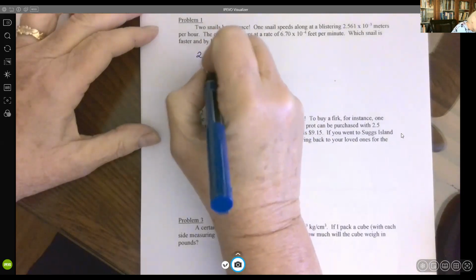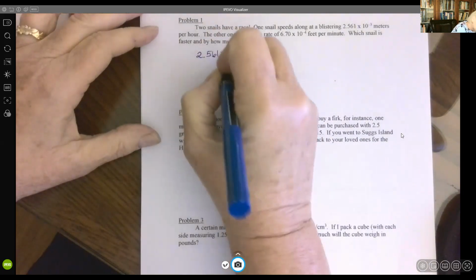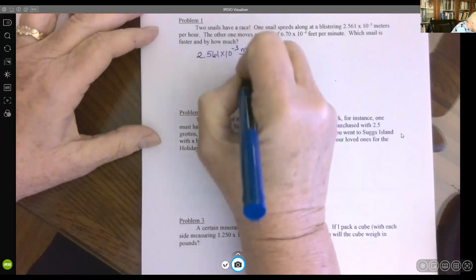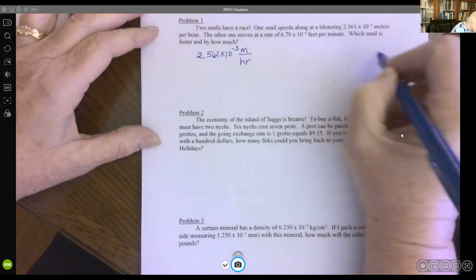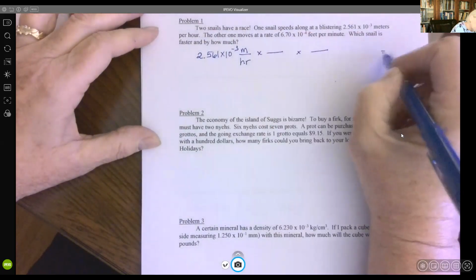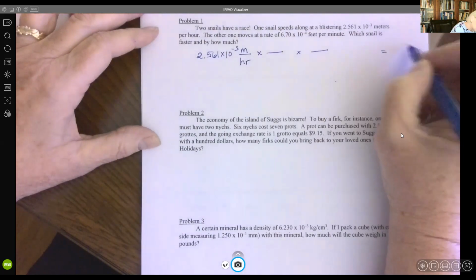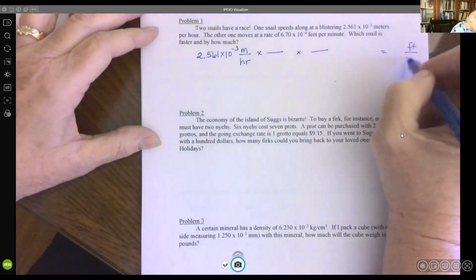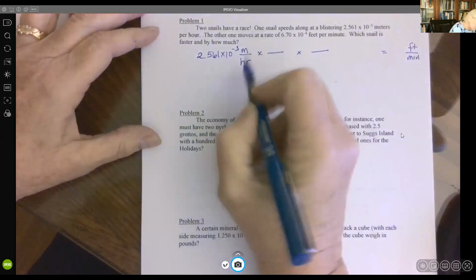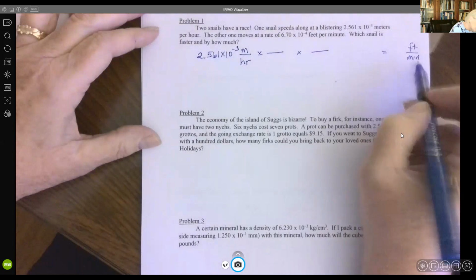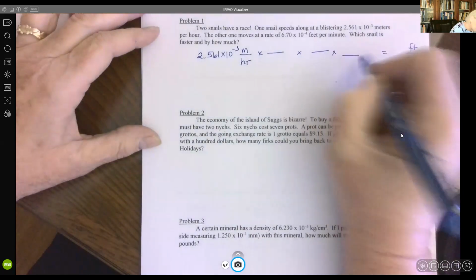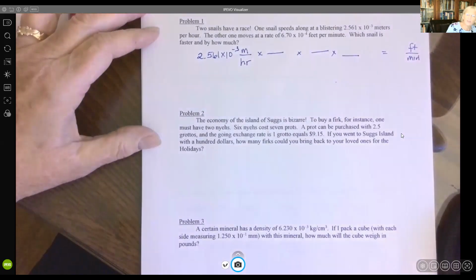You can take 2.561 times 10 to the negative 3rd meters per hour and convert that, I don't know how many you need, into feet per minute. That would require you're converting hours to minutes and meters to feet. As I said, I don't know how many of these you need, conversion factors, but you have to think of what they are.